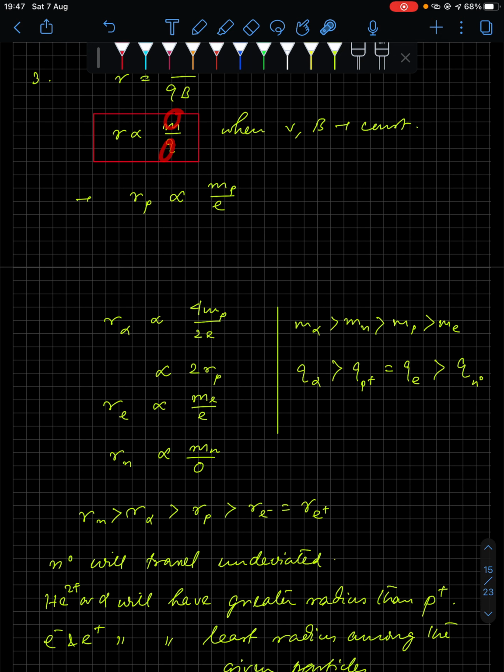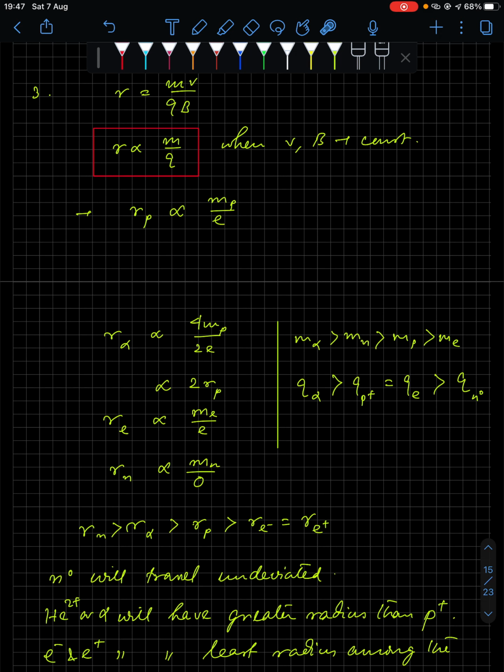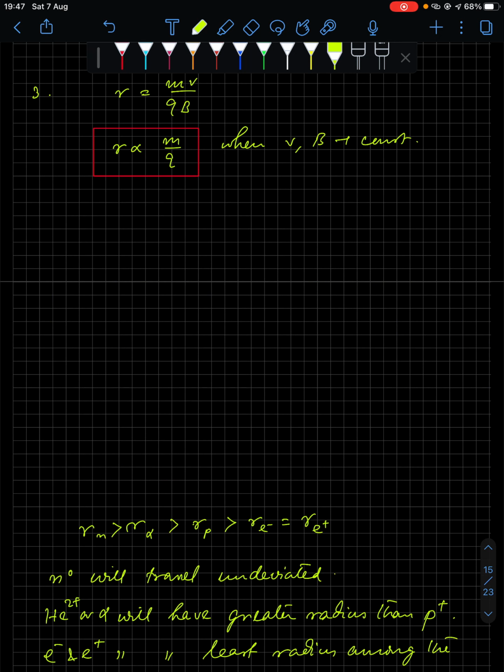Okay, so if you see the relation now, R is proportional to m by q, right? So just put the value for m by q. Let me show you the calculation.